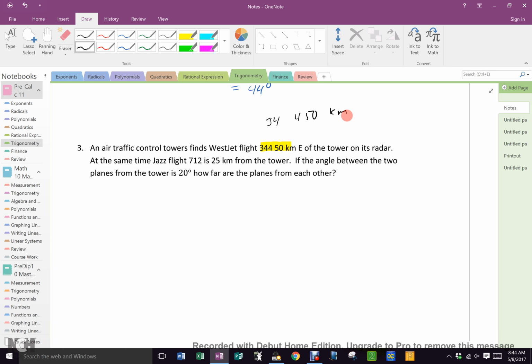It's WestJet Flight 344 that is 50 kilometers east of the tower. If your plane was 34,000 kilometers east of the tower, it would be halfway to the moon. Your Alaska Air flight to LA does not go 34,000 kilometers.